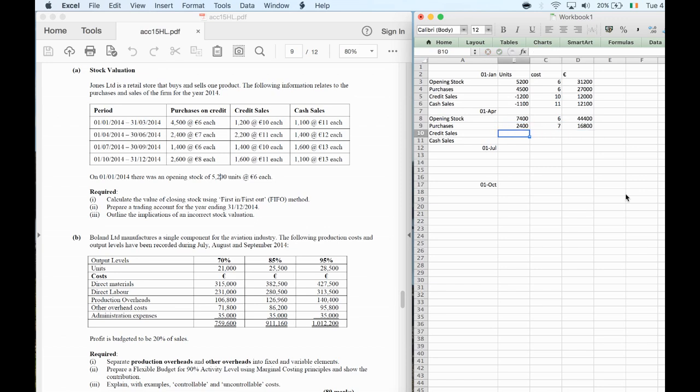Credit sales 2.2, and they were 11 each. Cash sales then was 1.4, and we sold them for 12 each.